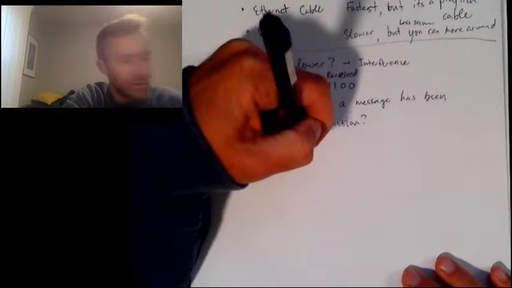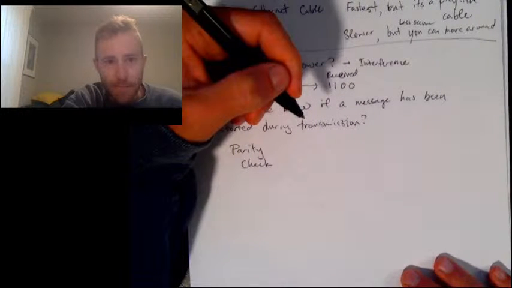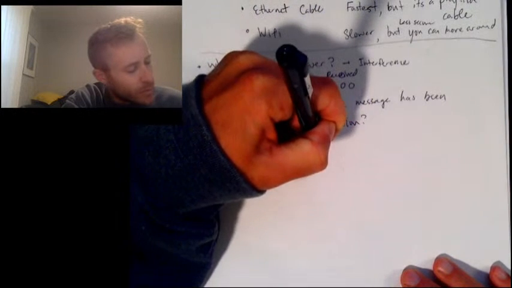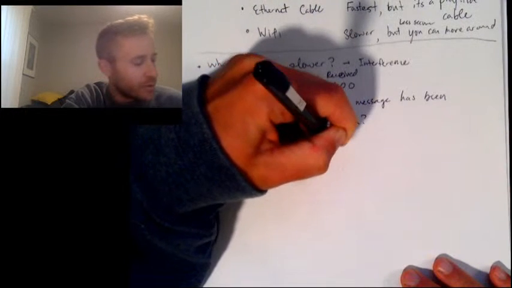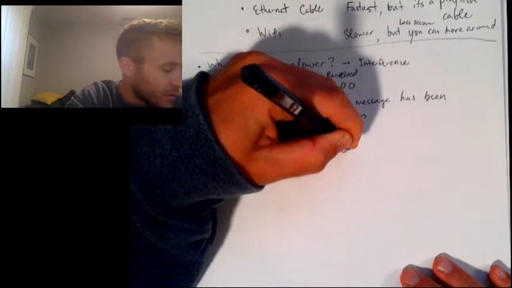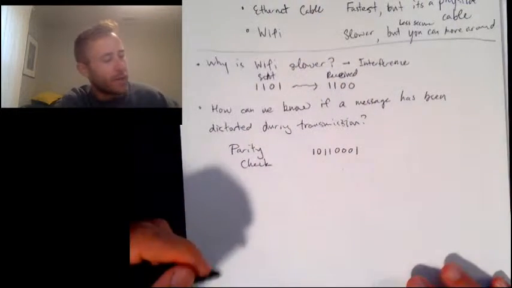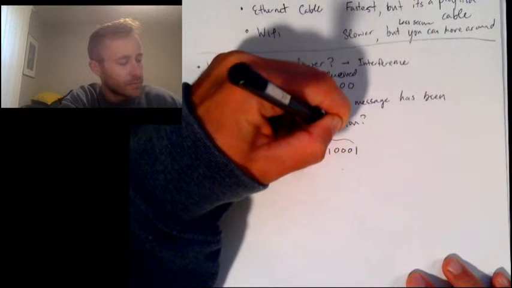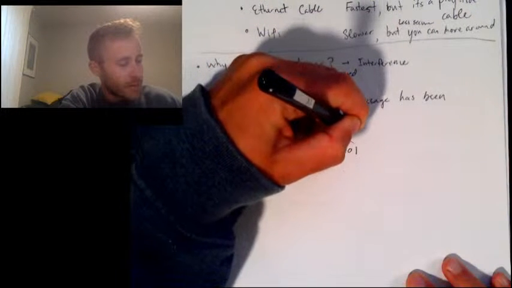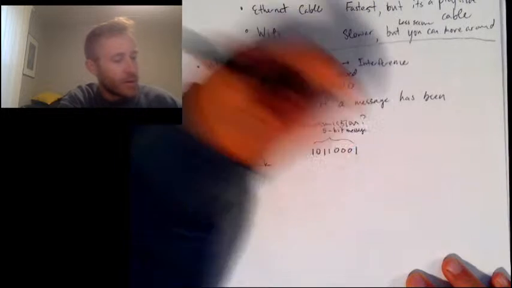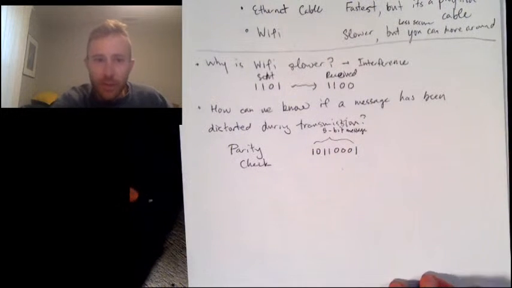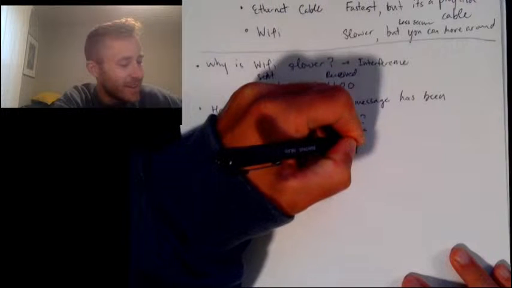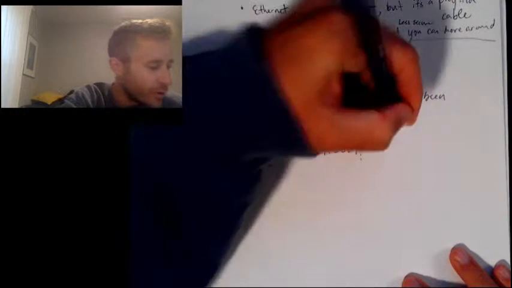So basically, what we do is, let's say we're sending an 8-bit message, 1 0 1 1 0 0 0 1. So this right here is the message. All right. So even though the message itself is 8 bits, I'm actually going to send a 9th bit, which is called the parity bit.